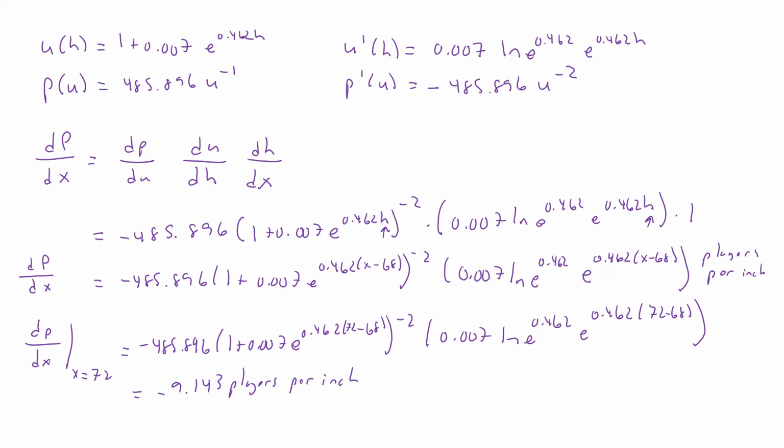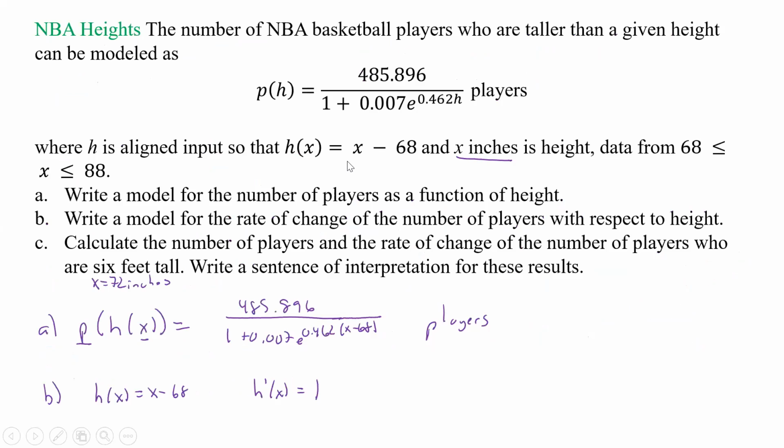Okay. And so now what we need to do is go back and plug in the 72 into our other equation. That's going to basically get rid of everything but that one part. Let's make sure we have the right equation we're going to plug it into. Let me just type it in my calculator here: 485.896 divided by 1 plus 0.007, and then e to the 0.462.